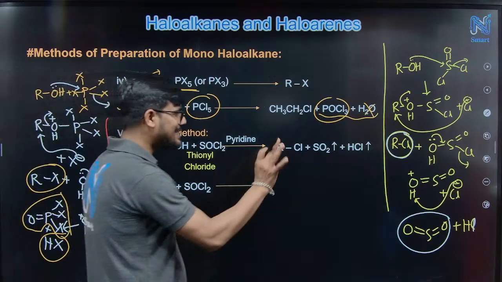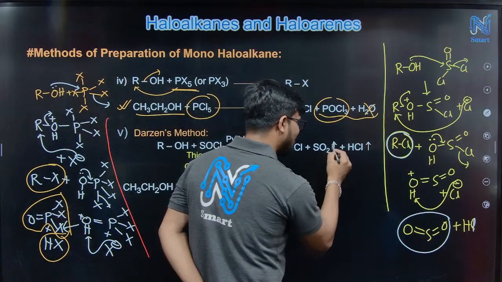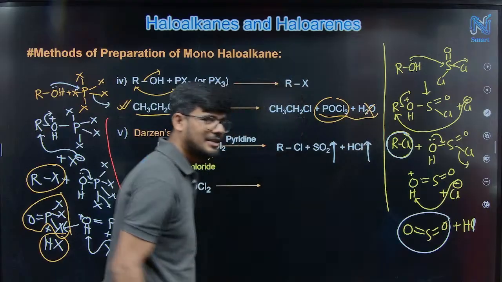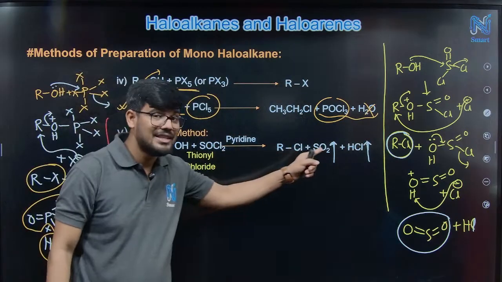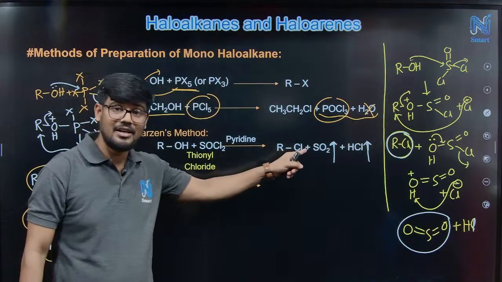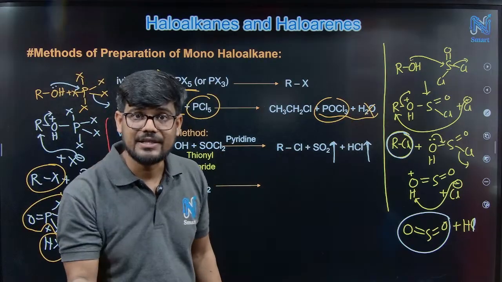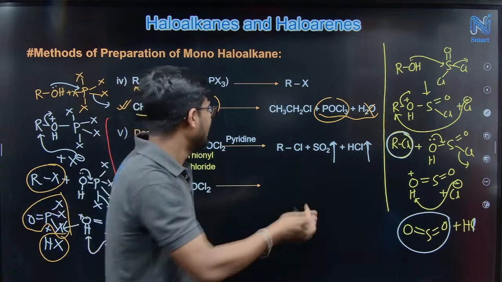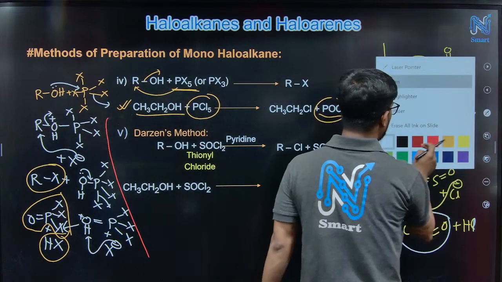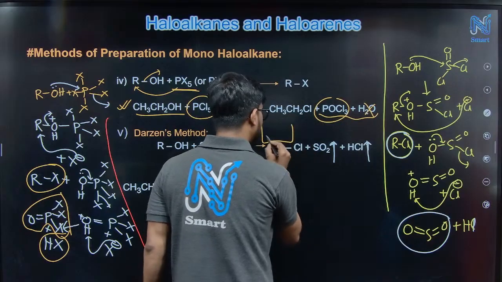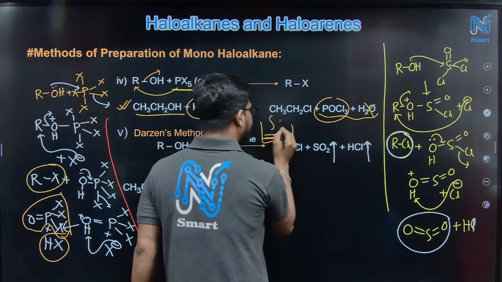Okay, and in this case, see, SO2 is a gas, HCl is also a gas. That means using this reaction, this Darzens reaction, we are getting pure alkyl chloride. Pure alkyl chloride means if you do this reaction, in the reaction vessel the only product you have is the product.